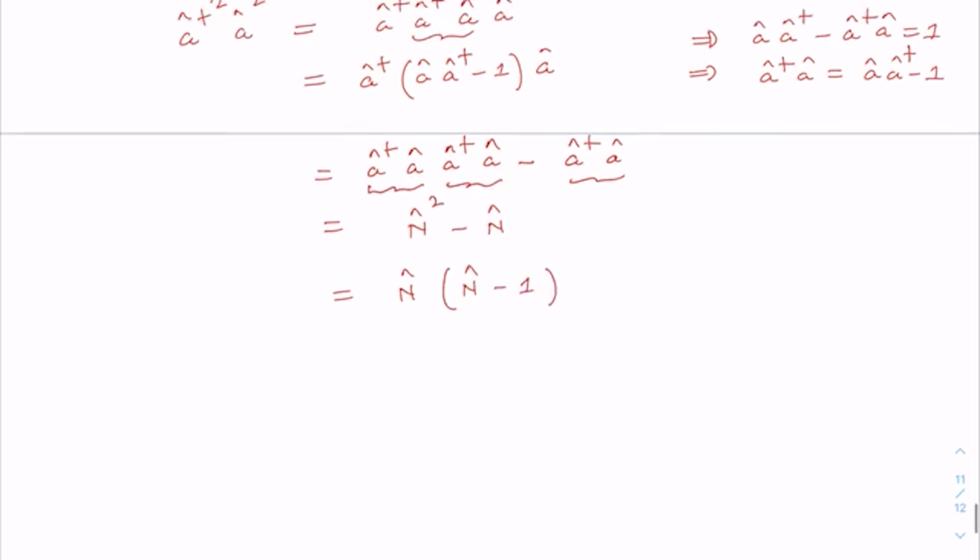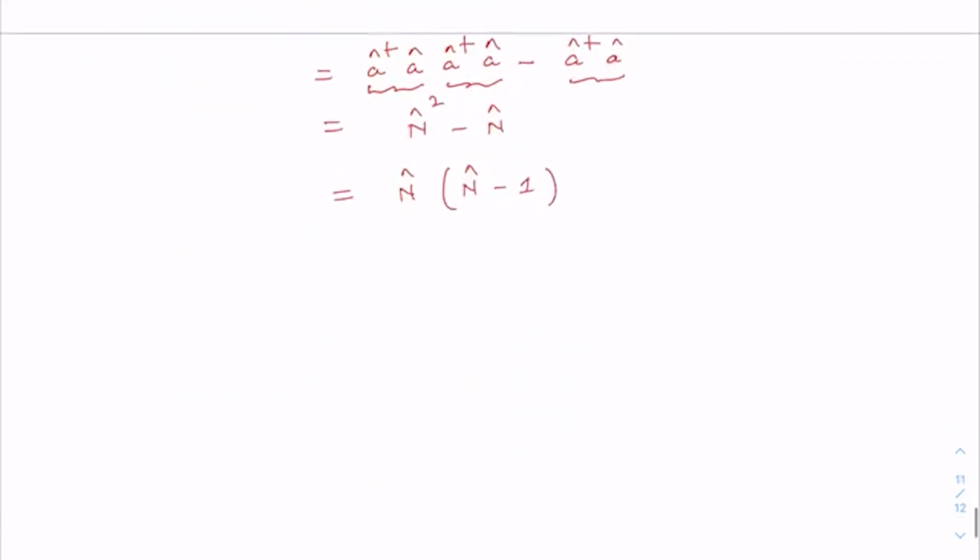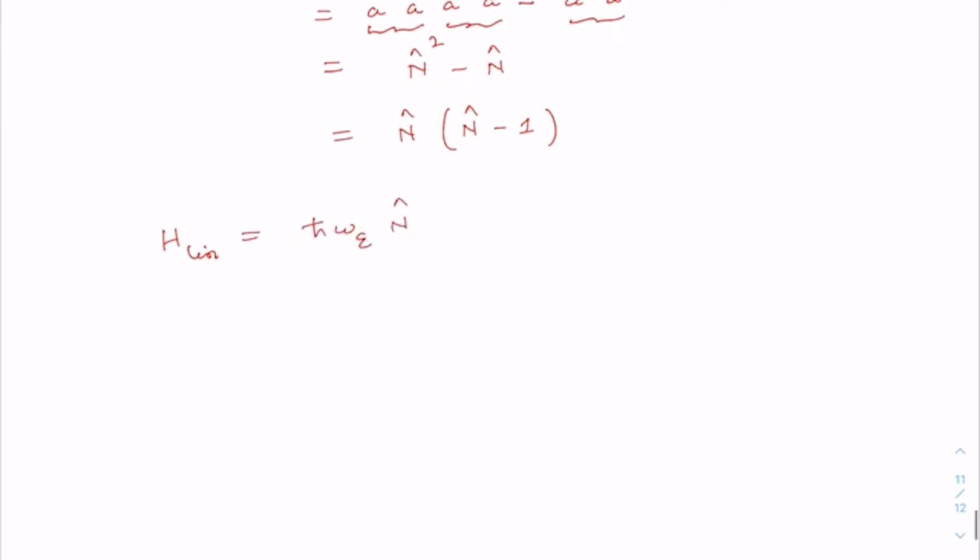Okay, so clearly this second term is the nonlinear part of the total Hamiltonian. So what we have is this: the linear part is equal to h cross omega q n, and the nonlinear part of the Hamiltonian is minus h cross alpha by 2 n into n minus 1.